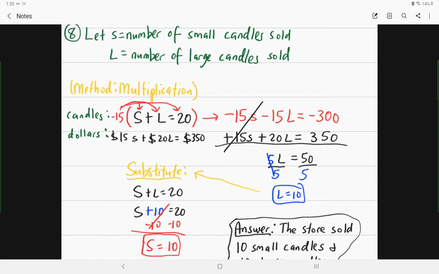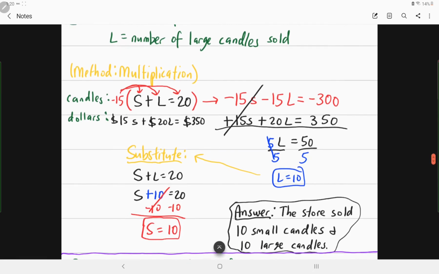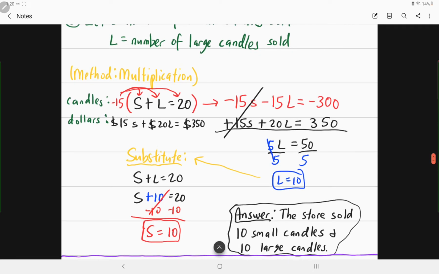Again, you have your option, whichever method you want to choose. I chose multiplication. Just make sure before you start, make sure you label the two items you are comparing so you don't get your numbers mixed up. So on the left-hand side in green, I labeled we have candles on top, and we have dollars on the bottom.